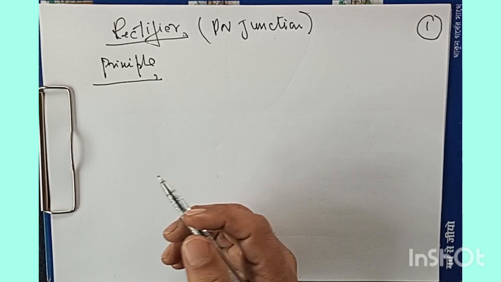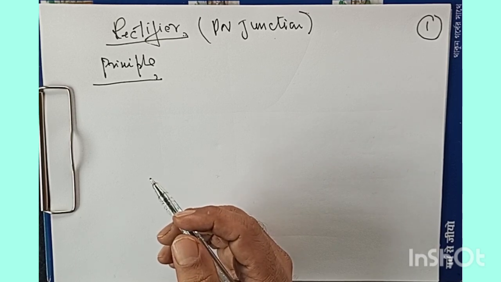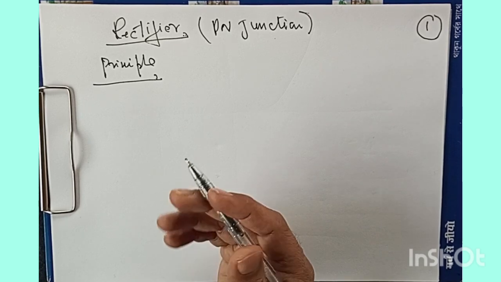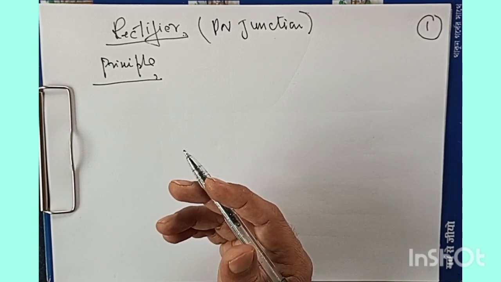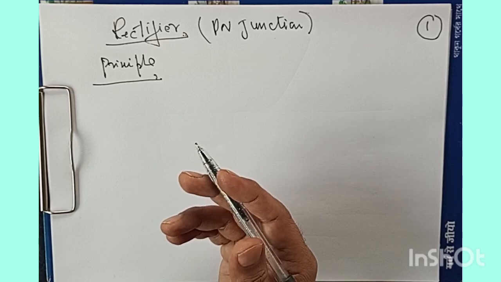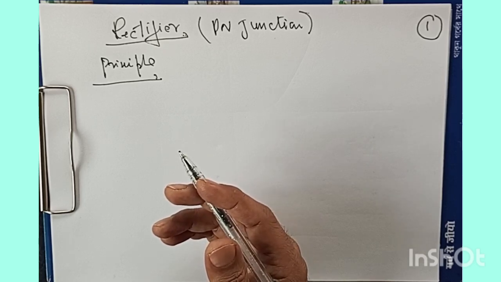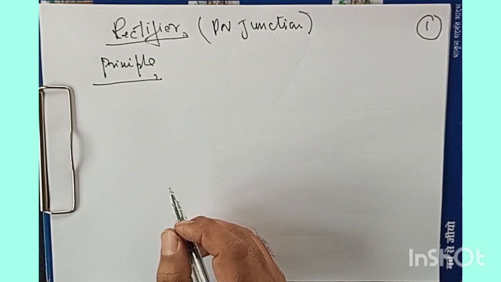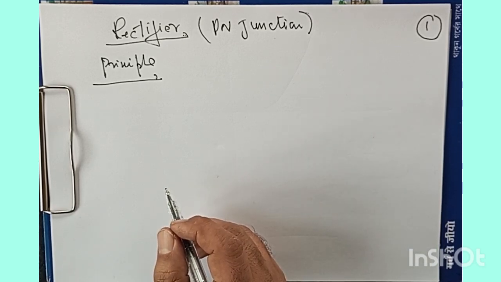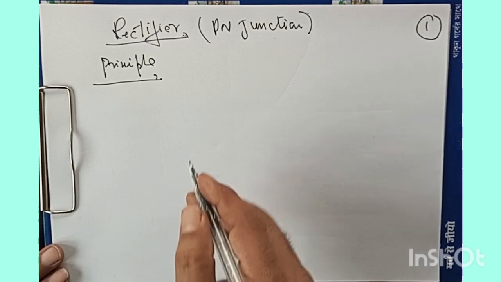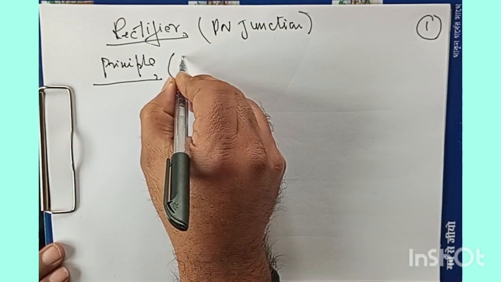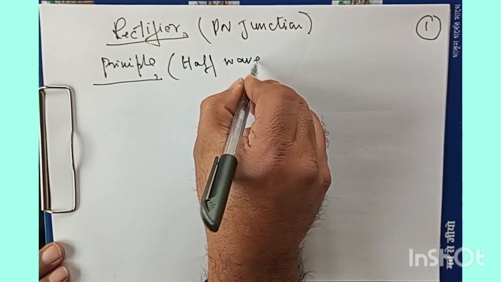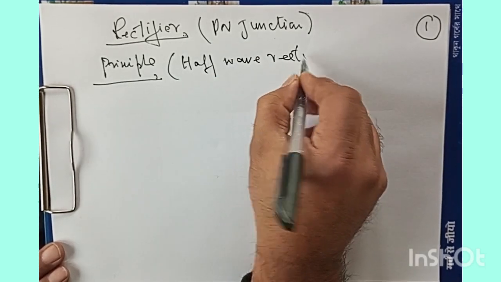It does not conduct when it is reverse biased. So it acts as a valve. This fact makes the junction diode work as a rectifier. So here we will be discussing what's called the half wave rectifier, the diode as a half wave rectifier.